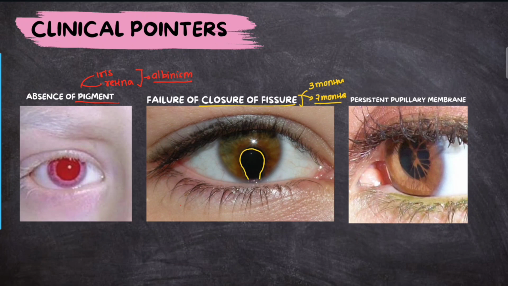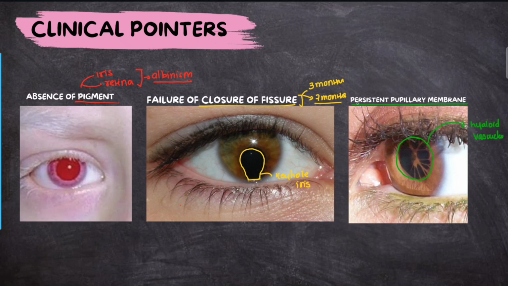Now, coloboma, as you can see in the picture, is a coloboma that also includes the iris. This is known as a keyhole iris. Now, this can either involve the iris, the lens, zonules, and the retina, or it can solely involve just the retina or the optic nerve, depending on what stage the failure has occurred.